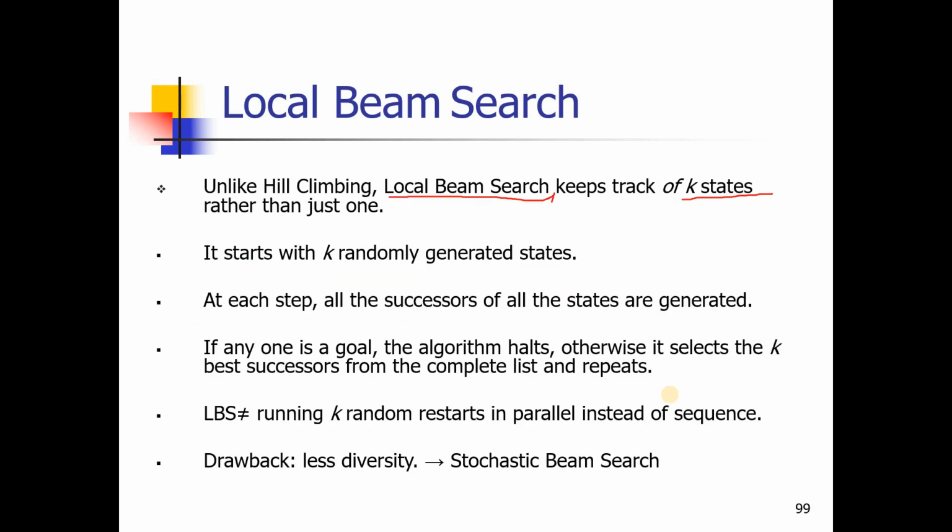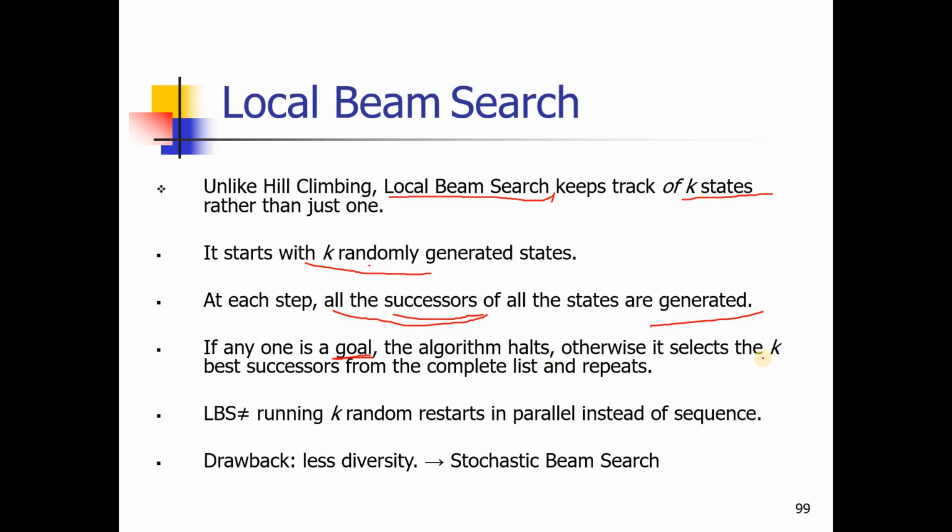So let's see now the theory. Unlike hill climbing, here we keep track of k states rather than just one state. It starts with k randomly generated states, and at each step all the successors, or the next states, of all these states are generated. So you generate the next states for all the current states. If any one is a goal by chance, the algorithm will stop.